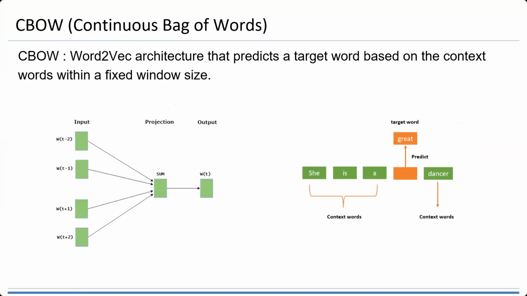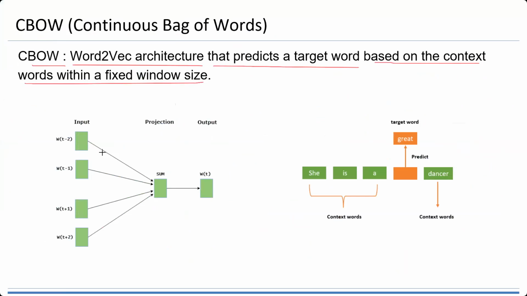There is another kind of representation we call CBOW, or continuous bag of words. The CBOW is also a word2vec architecture that predicts a target word based on the context words within a fixed window size.